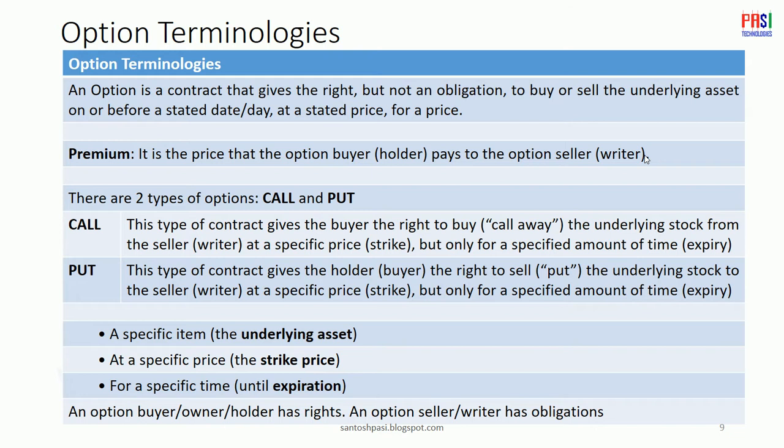You have the right to buy at 50 lakhs, so he won't be able to ask you for higher prices. So you have a right to buy a flat at 50 lakhs rupees. You have already paid a premium of 5 lakhs rupees. The underlying asset in this case is my flat, and the expiry for this flat contract is 3 months. Same way, if you're going for put, that gives you the right to sell.